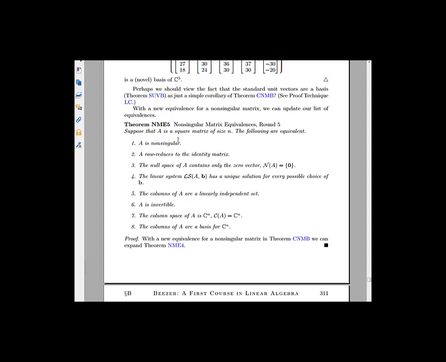A is non-singular if and only if it row reduces to the identity matrix, if and only if the null space contains only the zero vector, if and only if the linear system LS(A, b) has a unique solution for every possible b, if and only if the columns of A are linearly independent, if and only if A is invertible, if and only if the column space of A is all of Cn, if and only if the columns of A form a basis for Cn. Okay.